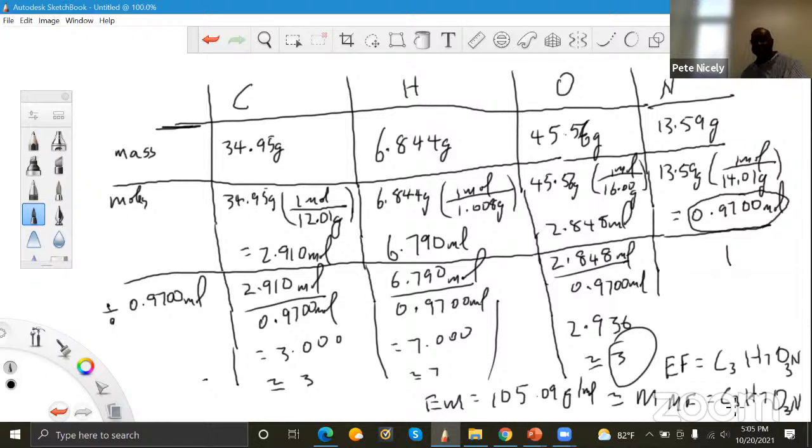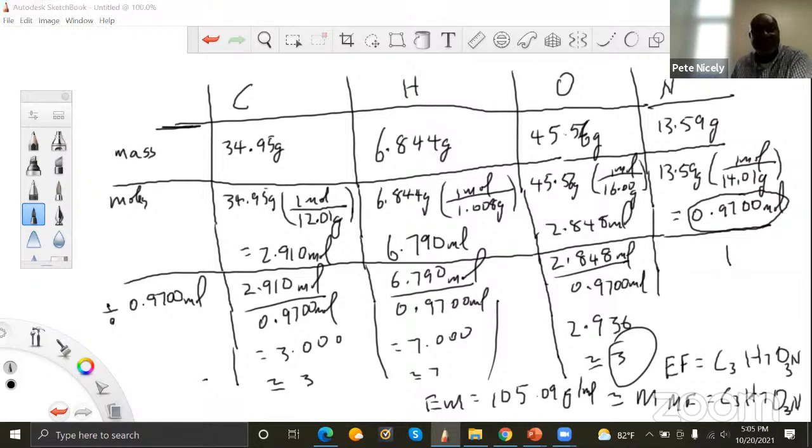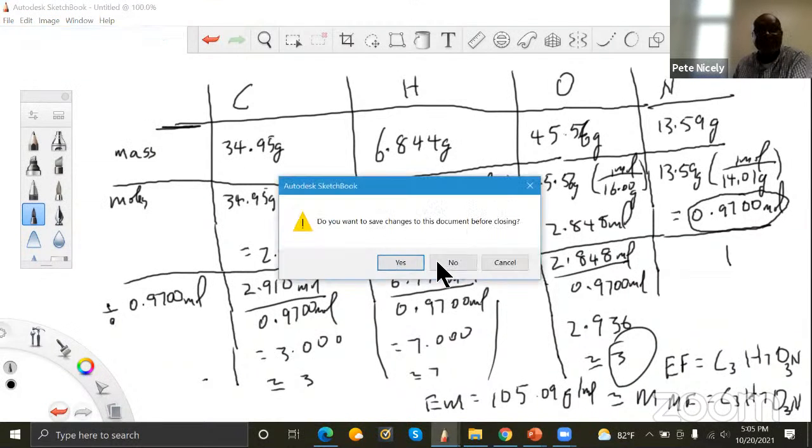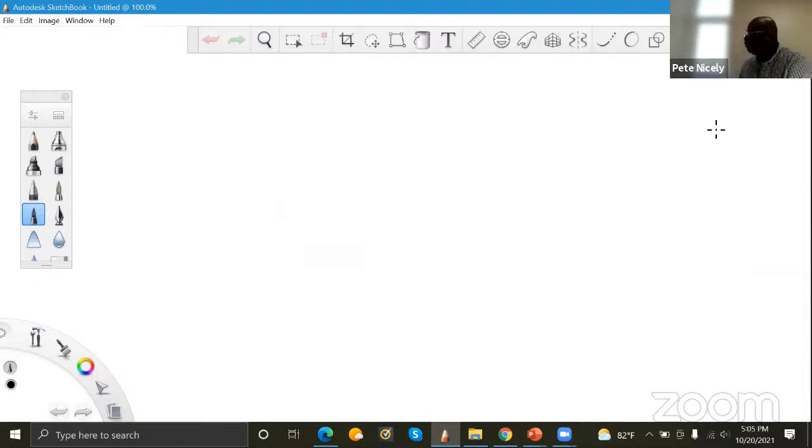Let's see if we can do C in the time that we have left. But I want to make sure everybody understands what we did here, right? So any questions about this one? All right, so let me get rid of this and move on to the C part.